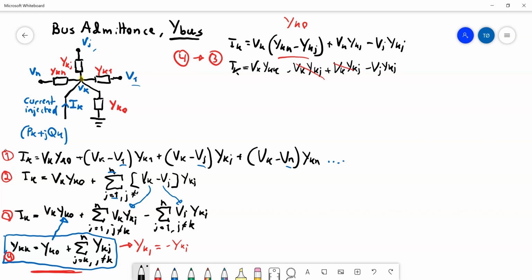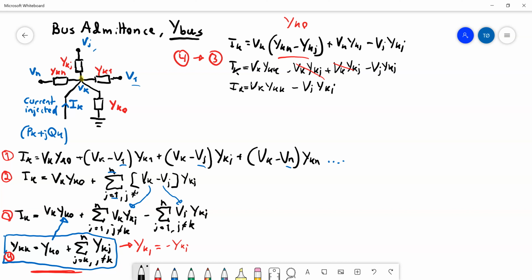We are then sitting with IK equal VK YKK minus the sum over J of VJ YKJ, like this.